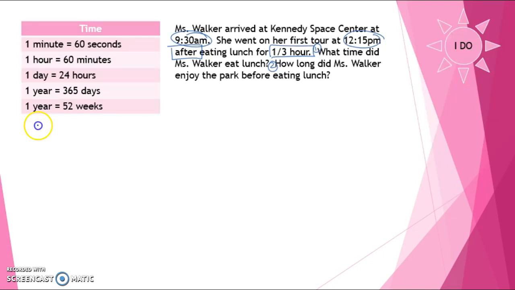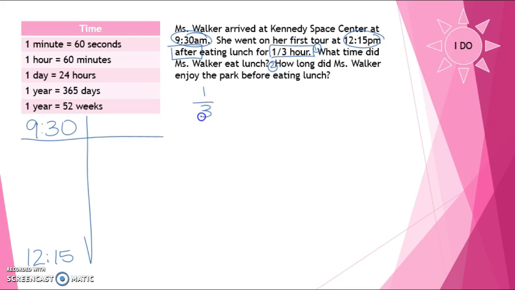So she arrived at 9:30, and she went on her first tour at 12:15, so that's somewhere down here. But then she ate lunch for 1/3 of an hour.